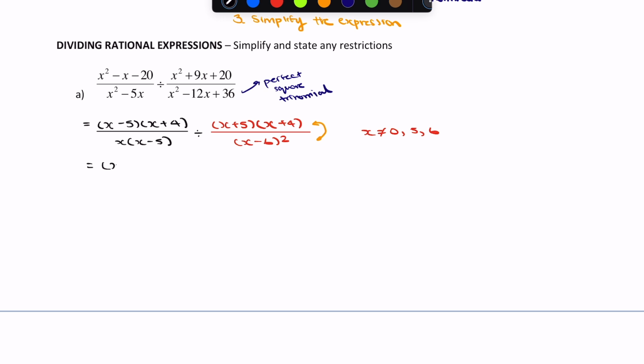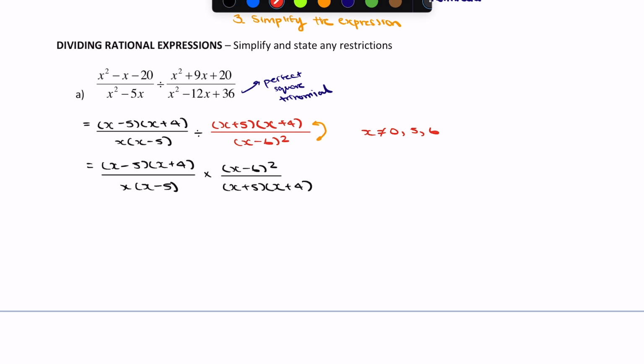So here we have x minus 5, x plus 4. This stays the same over x minus 5. And now we're going to multiply by x minus 6 squared over x plus 5, x plus 4.